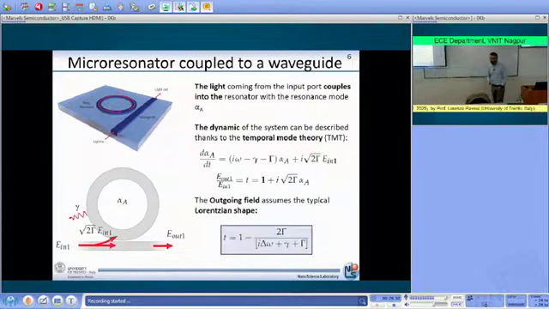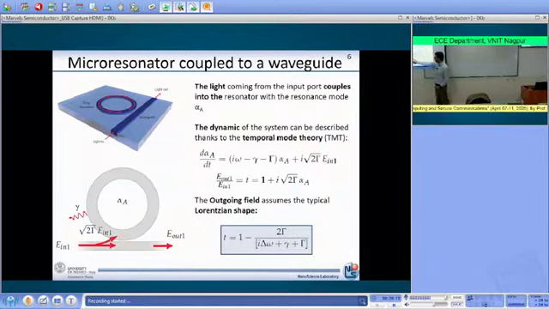Now we can isolate it for the transmission. We can solve in the stationary case, by putting this equal to 0, the stationary condition, we can solve this equation. And so we end up with a typical Lorentzian line shape for the transmission.